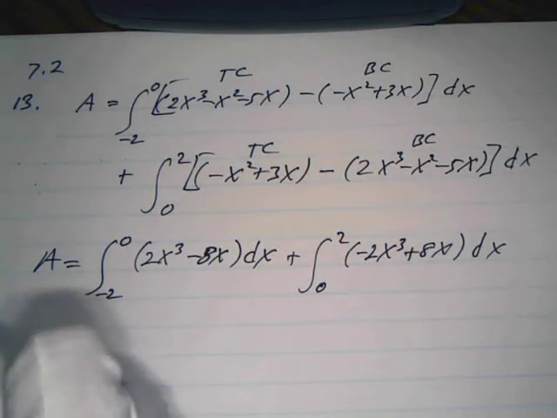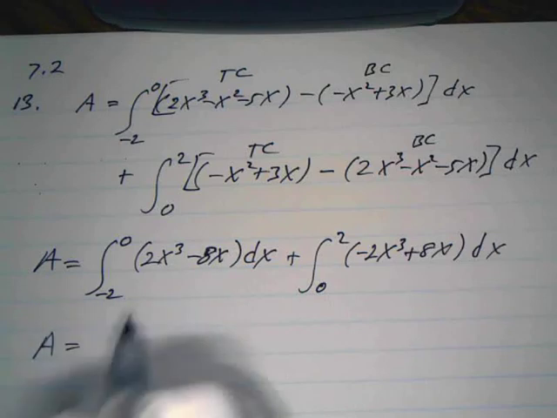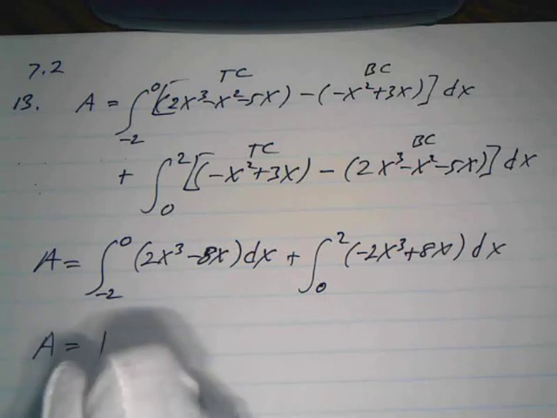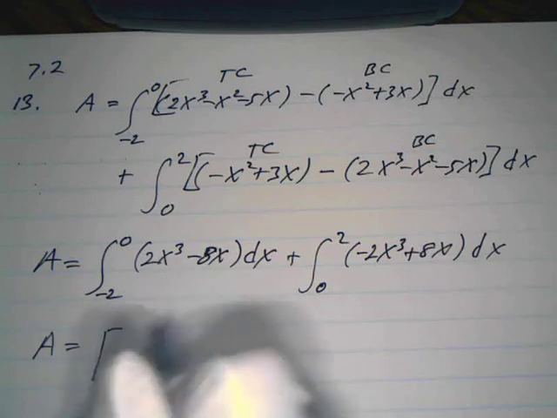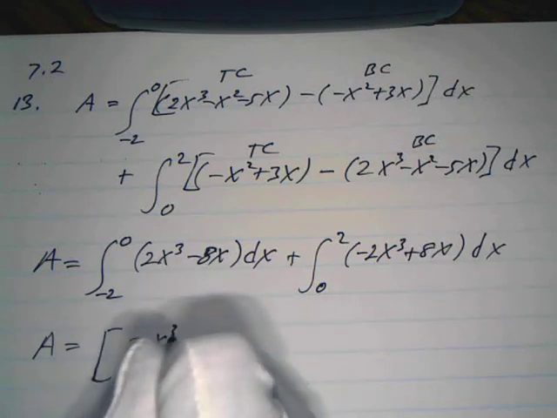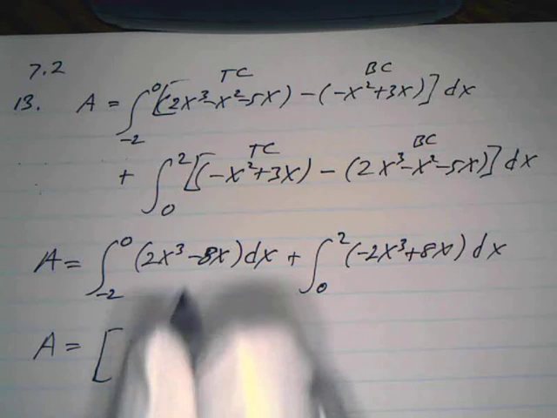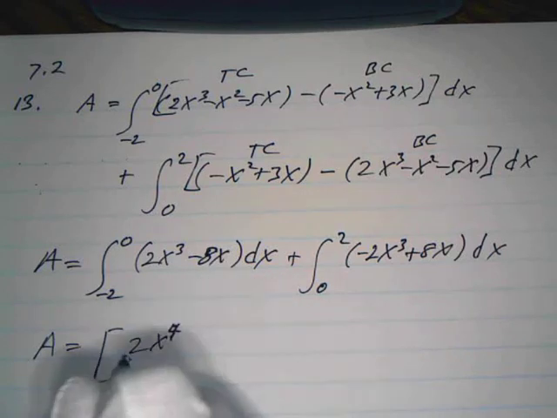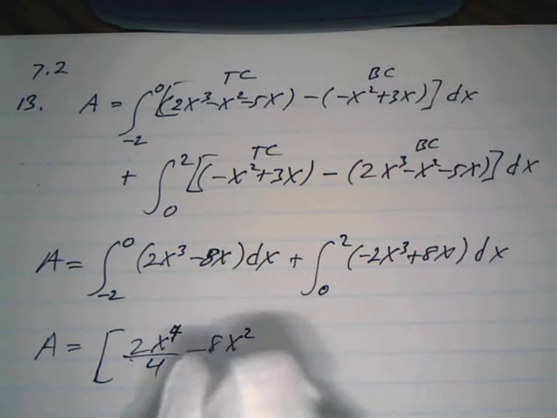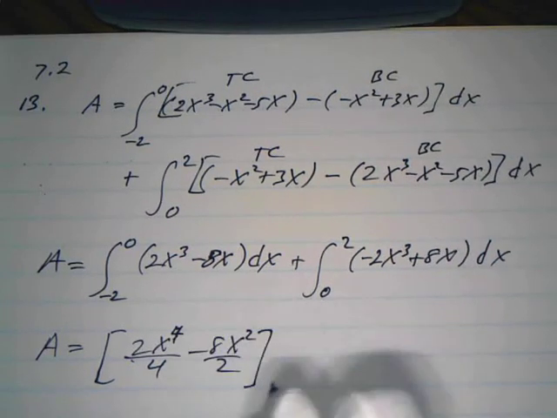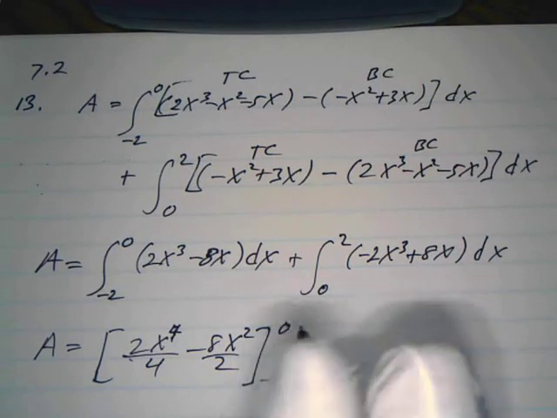Then we can just take the antiderivative, so this area equals. And again, we like to do these analytically. So this is going to be 2x to the 4th over 4 minus 8x squared over 2, and that's going to go from negative 2 to 0.